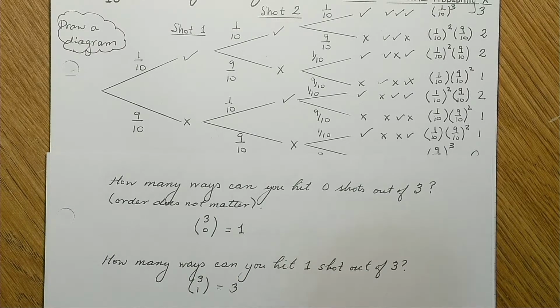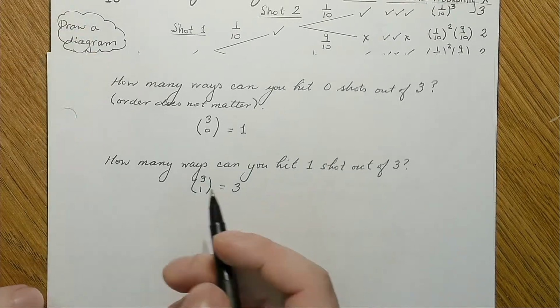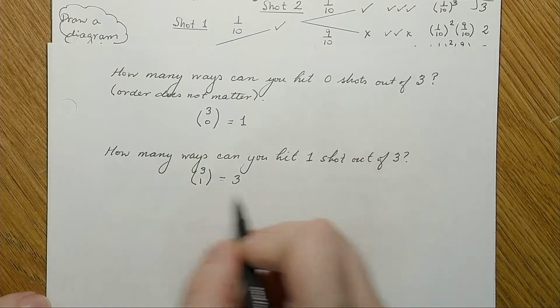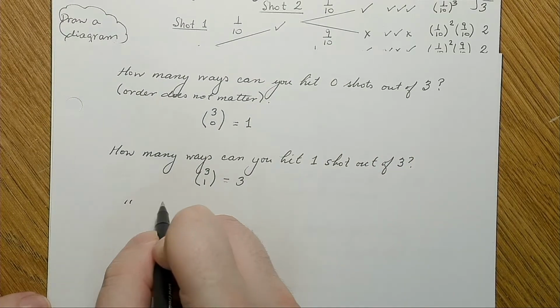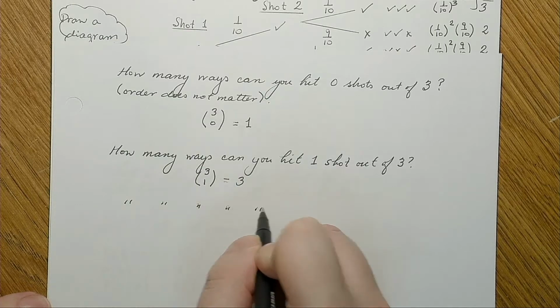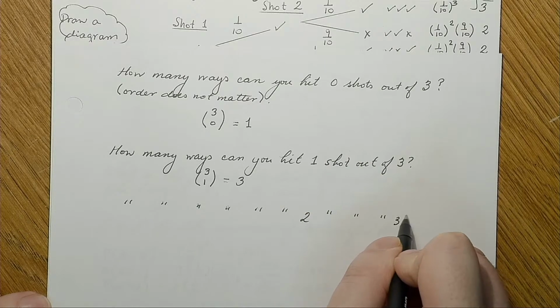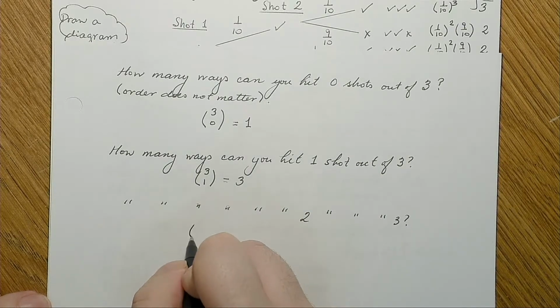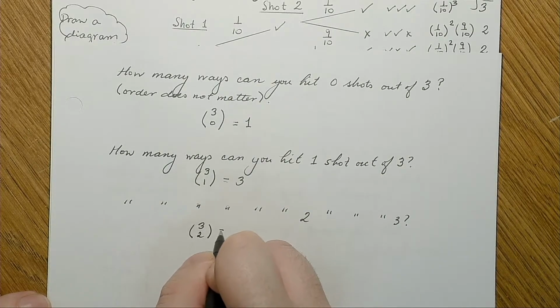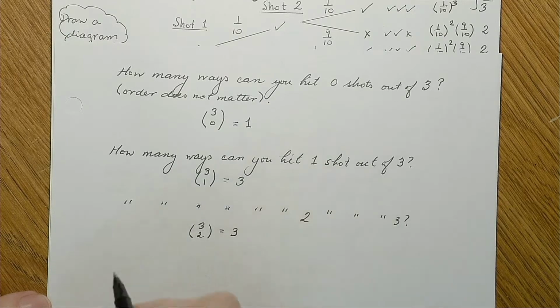Exactly, 3 choose 1. So the same thing can happen here. If I have how many ways can you hit 2 shots out of 3? Well, then that would be 3 choose 2. So that's 3. Same thing, how many ways can you choose 3 out of 3? 3 choose 3, and that's 1.